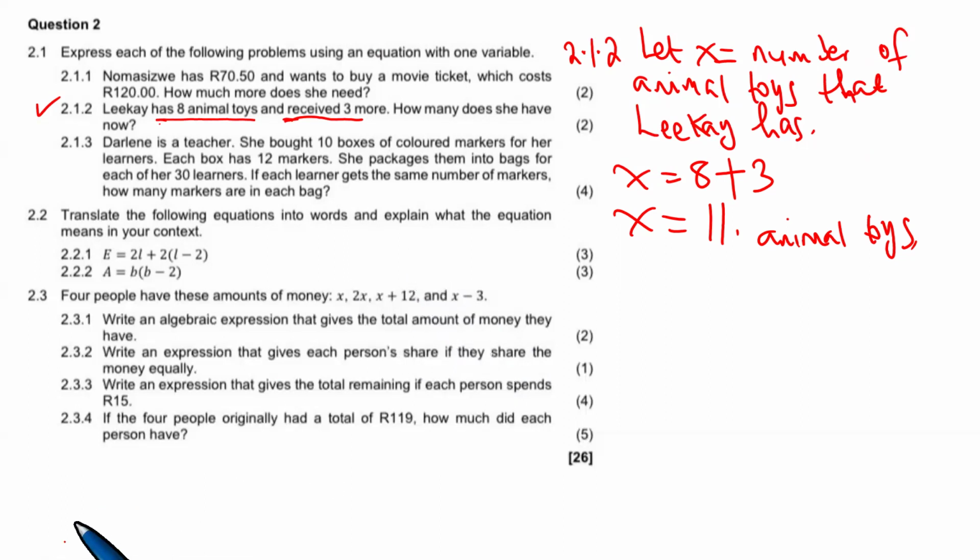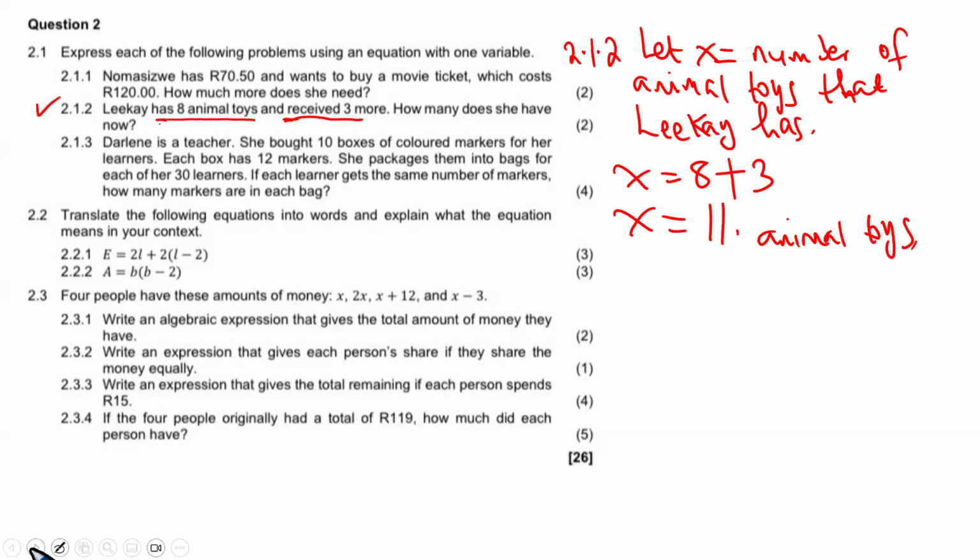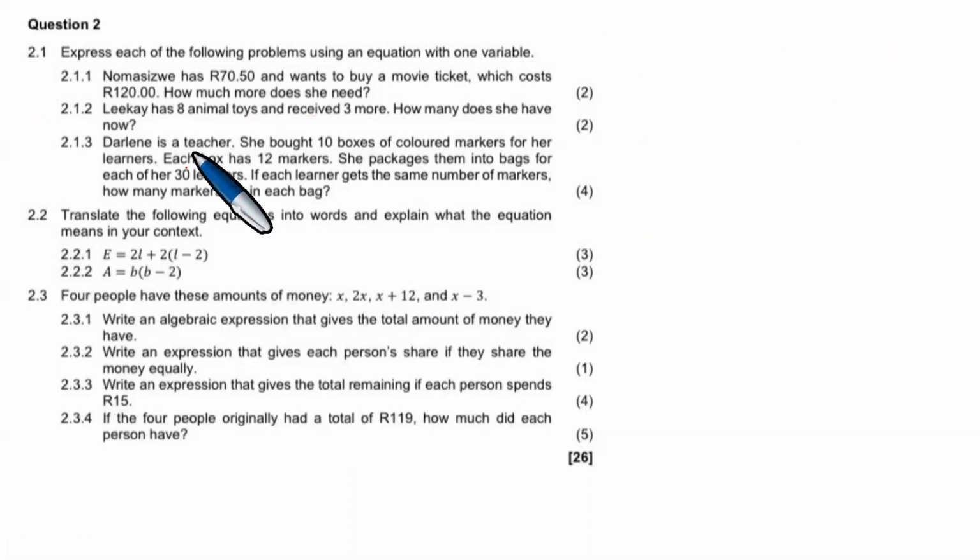Okay, let's look at the next question. Darlene is a teacher. She bought 10 boxes of colored markers for her learners. Each box has 12 markers.